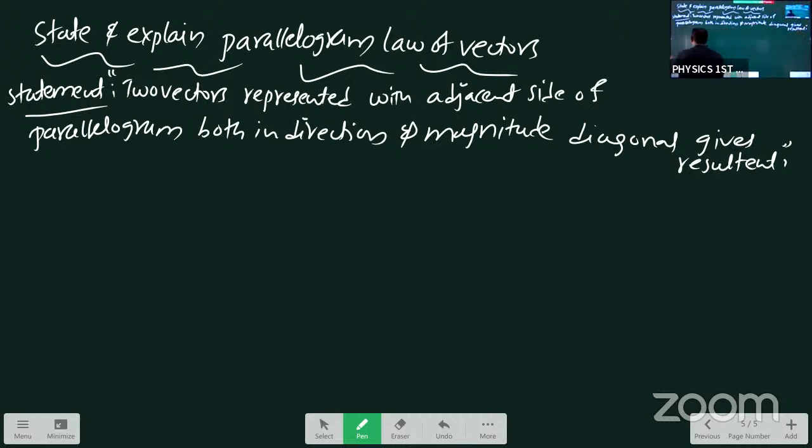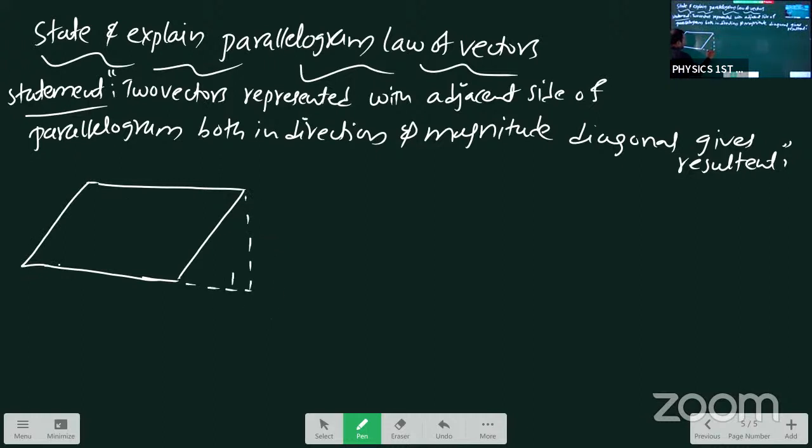Now the diagram. Q, Q, P, P, full angle theta, student.